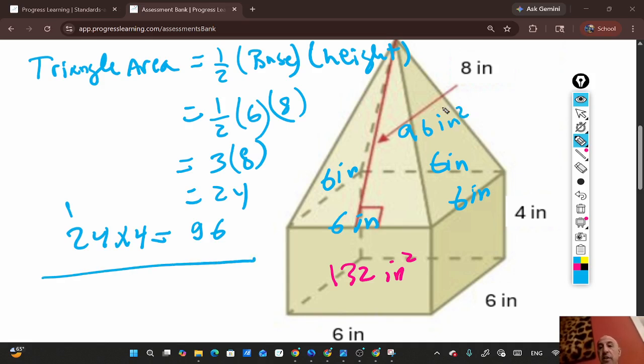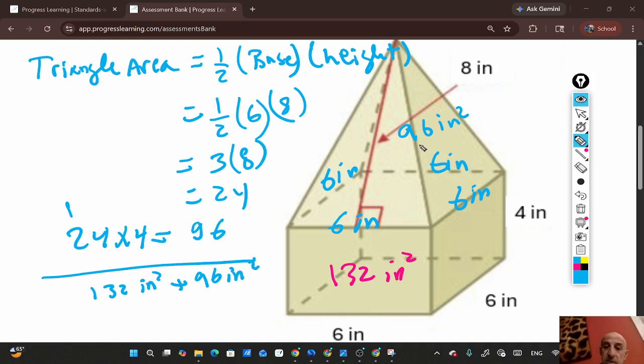Now the total surface area for the whole figure is 132 inch square as the surface area of the rectangular prism, plus the 96 inch square for the pyramid.